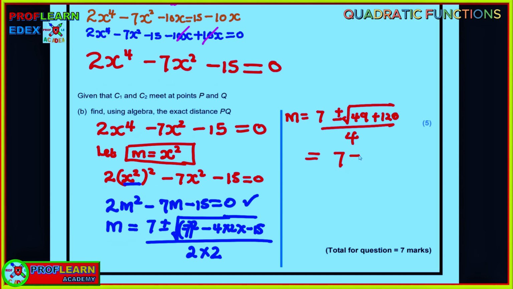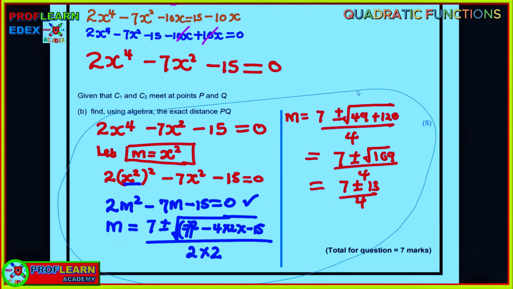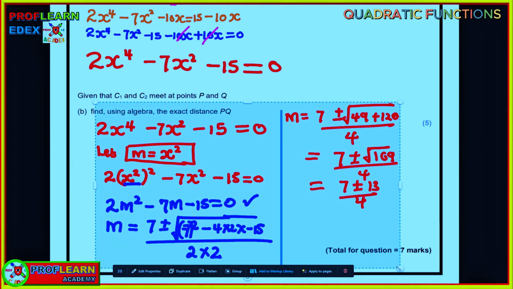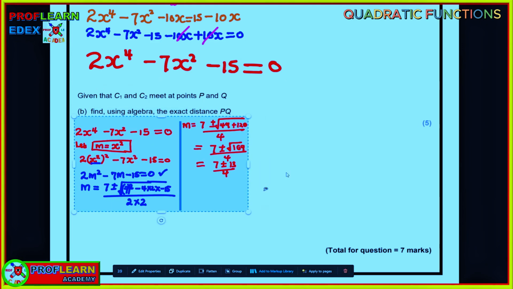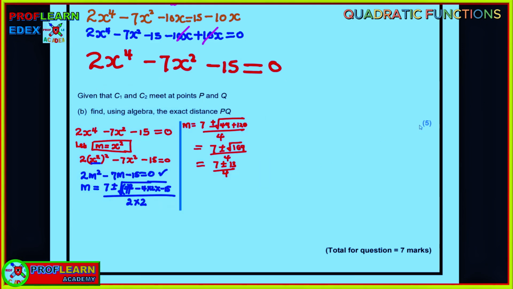So this becomes 7 plus or minus the square root of 169, and you need to remember the square root of 169 is 13, so it will be 7 plus or minus 13 over 4. Because we were finding the distance between P and Q, we need a little bit bigger space. We have quite some steps to do in this question, having 5 marks, so much is required.